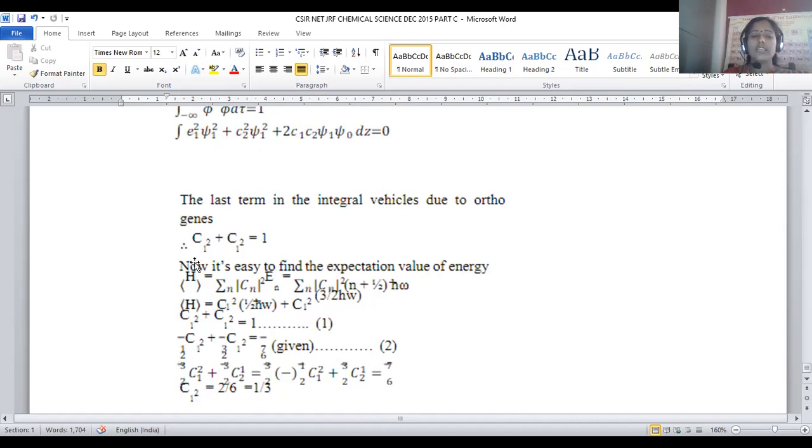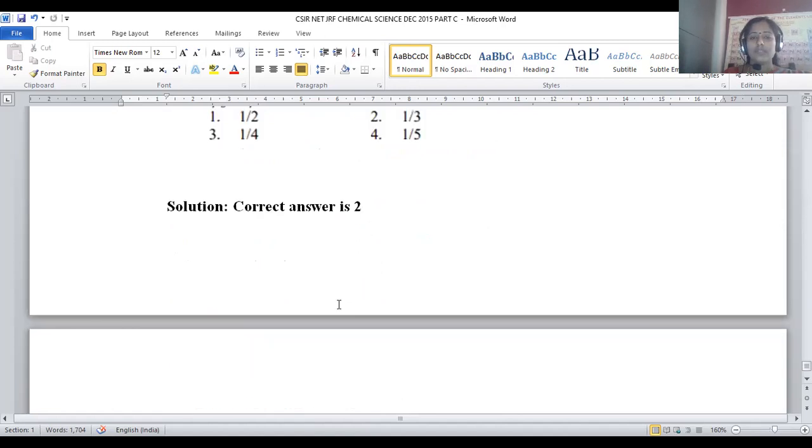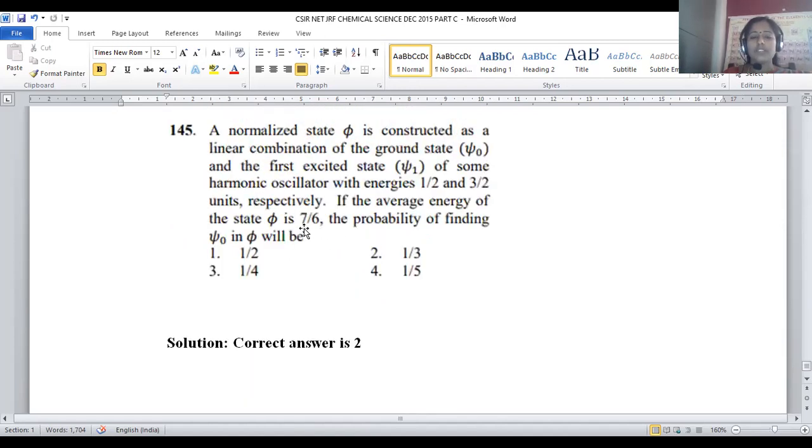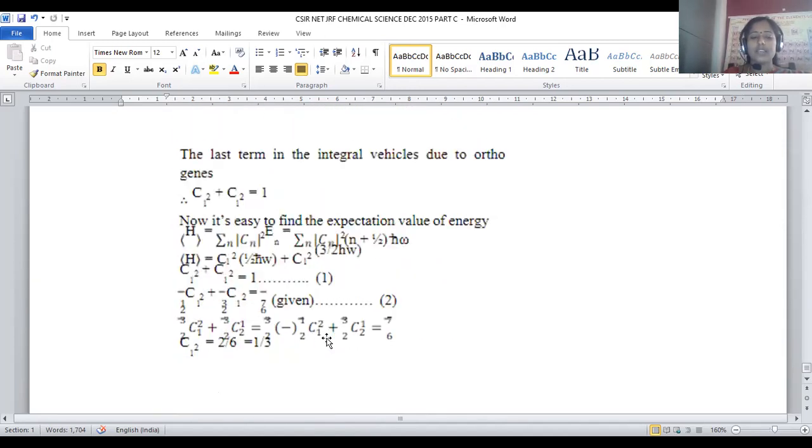So already we know C1 square plus C2 square is equal to 1. So this term is already known to us. The value is given within the problem as 7 by 6.